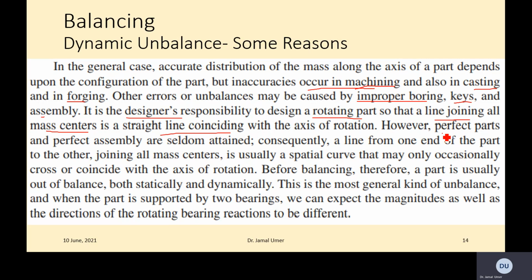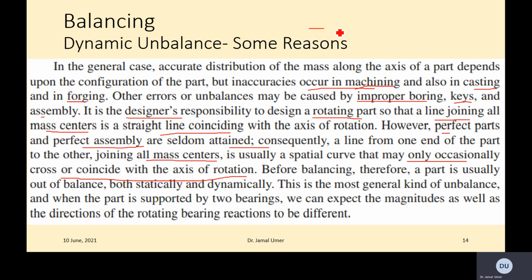However, perfect parts and perfect assemblies are seldom attained. Consequently, a line from one end of the part to the other joining all mass centers is usually a spatial curve that may occasionally cross or coincide with the axis of rotation.